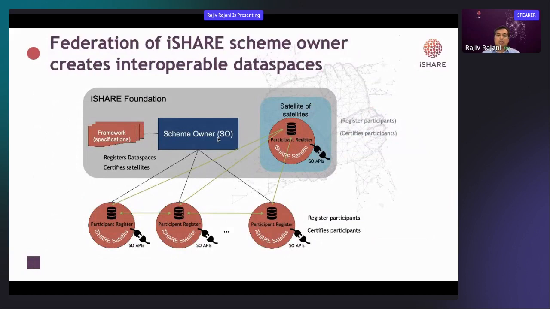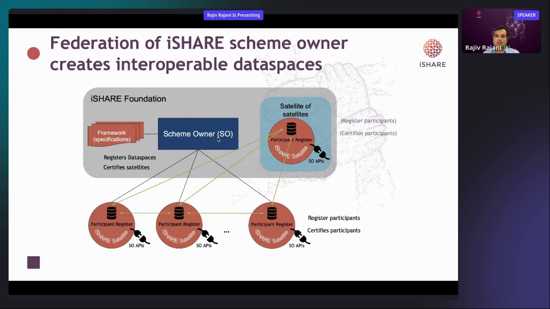Now, the key element for bringing data sovereignty and trust is basically the trust anchor, or the trusted exchange that is enabled. How is that enabled? iShare is a foundation, which in terms of the framework is known as the scheme owner, and it has a registry of participants which is basically maintained by the satellites.